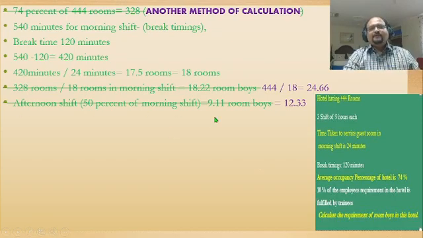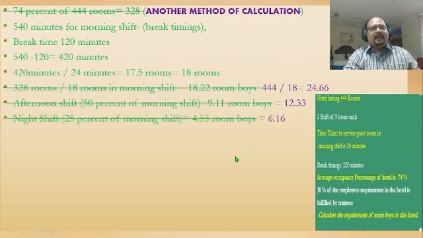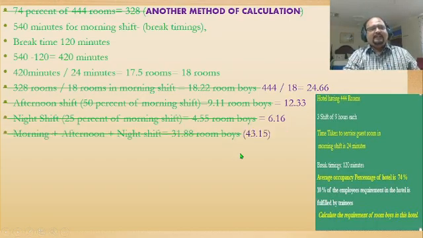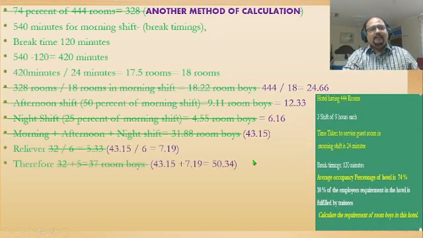Then afternoon shift, here it is 12.33, reason being 50% of 24.66, and then night shift 25%, which comes to 6.16, and therefore after calculating morning, afternoon and night shift for 100% occupancy we require 43.15 room boys. And then as you know we need to calculate the reliever.